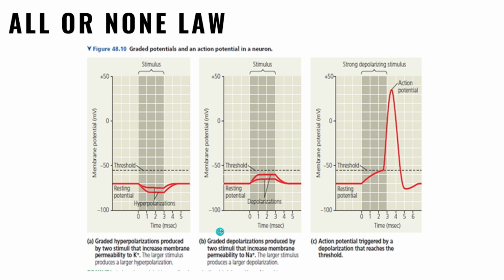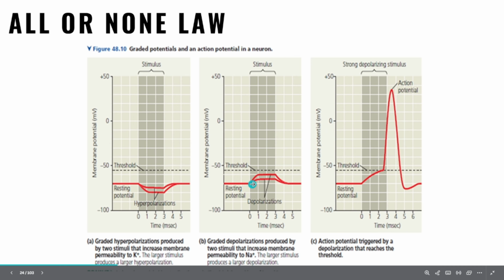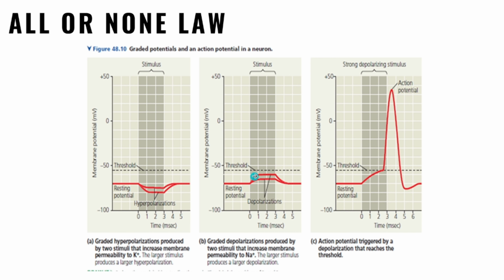You can see in this diagram, the depolarization starts to occur here, but it does not reach the threshold level. The stimulus is not strong enough. So even though there is depolarization here, there is no action potential because the stimulus is too weak.